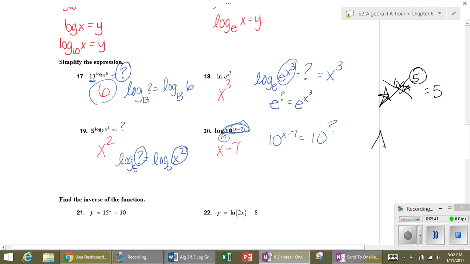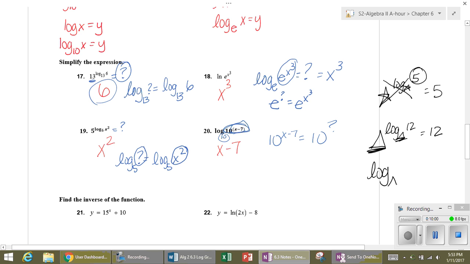So let's say triangle to the log base triangle of 12. That has to equal 12. Every single time, as long as the bases are equal, they are inverses of each other and cancel each other out.